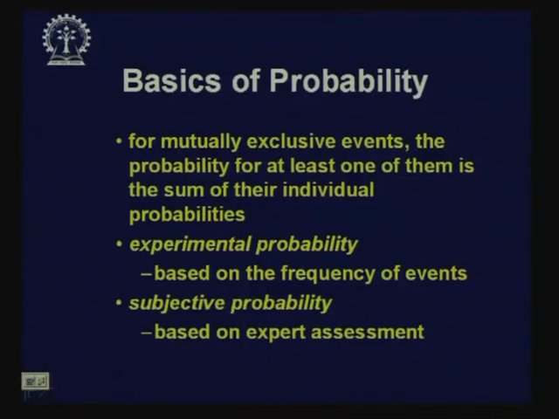If it is biased, then maybe I will get 7 times head and 3 times tail, but with that experiment being done quite a number of times, we can come to a fair degree of association of the frequency of the events. The other thing is the subjective probability, where, as we have seen earlier, that is based on the expert's assessment of the whole thing.